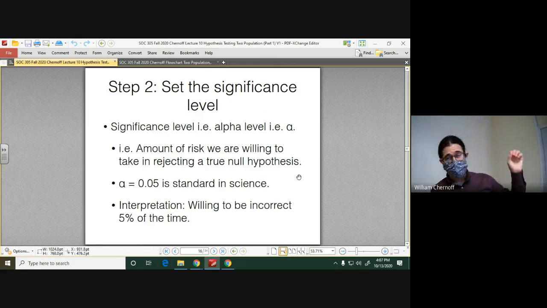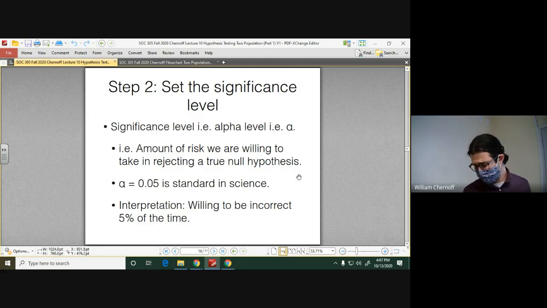So for step 2, we set our significance level usually to 0.05.